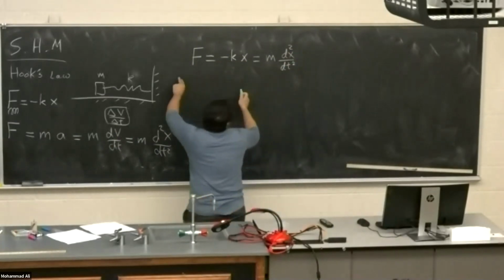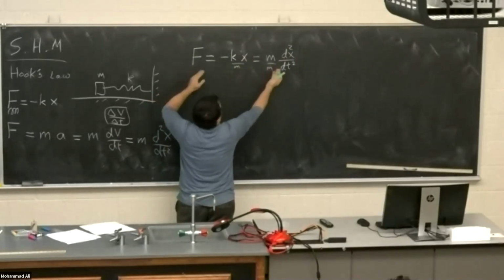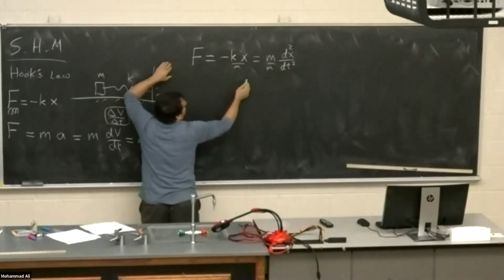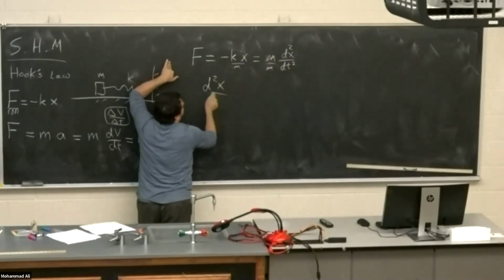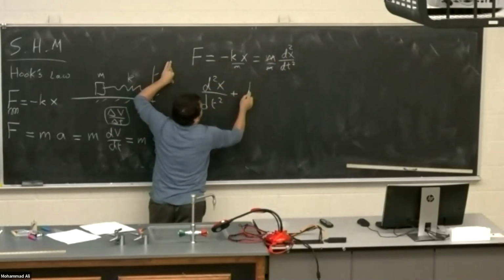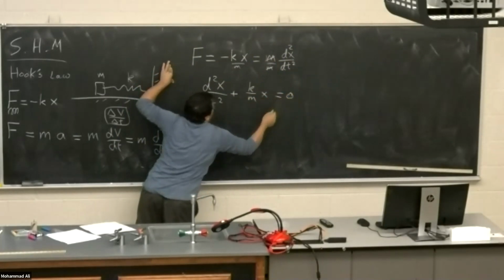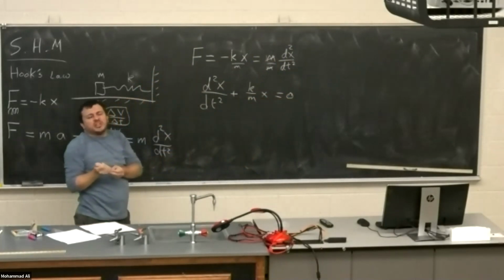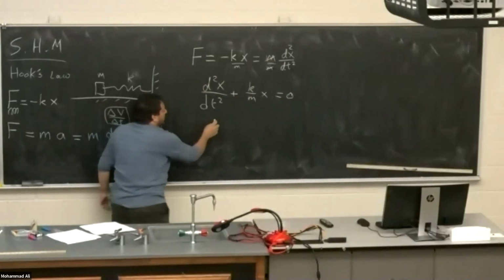There is a relation between them, and I will divide over m and move this over. So I will have this relation finally: d2x by dt squared plus k over m times x is equal to 0. I think you did differential equations in math.